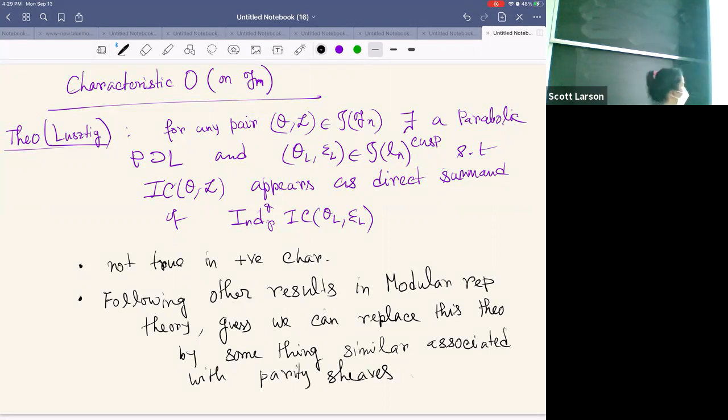Okay, so that's why we think about parity sheaves now.